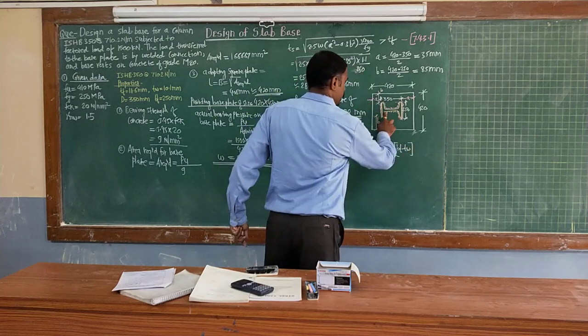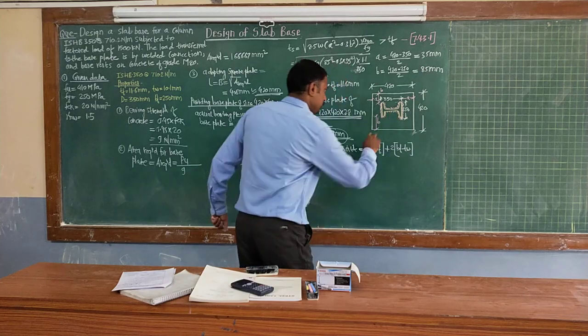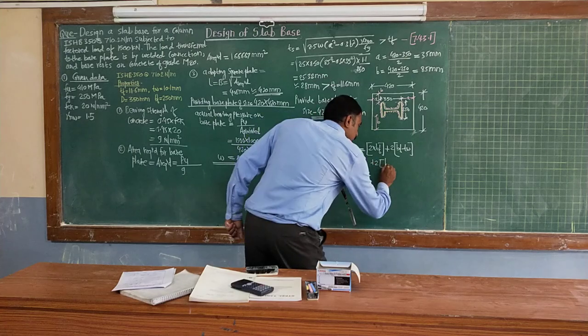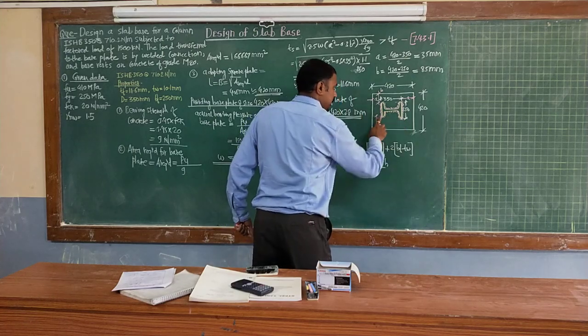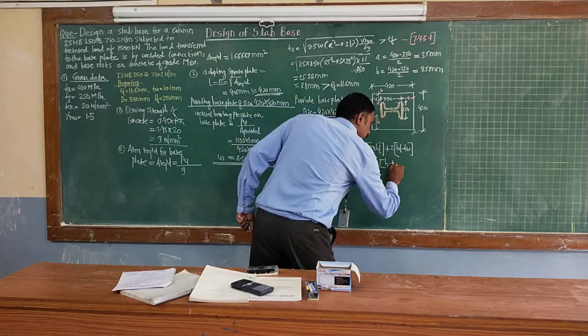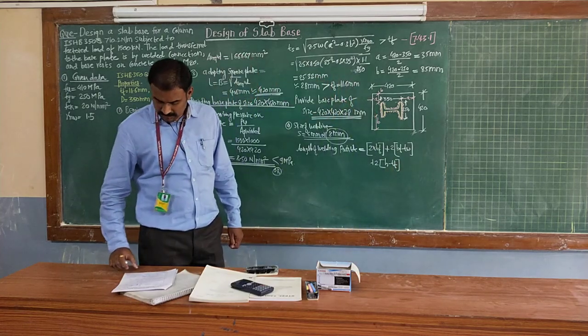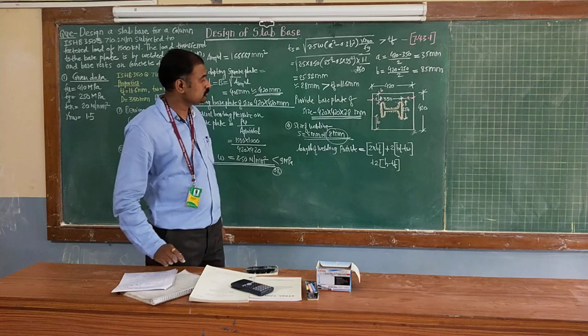Now from this web portion and this web portion, that will be plus 2 times into bracket total H, that is depth, minus thickness of flange. 2 times H minus TF, that is thickness of flange.